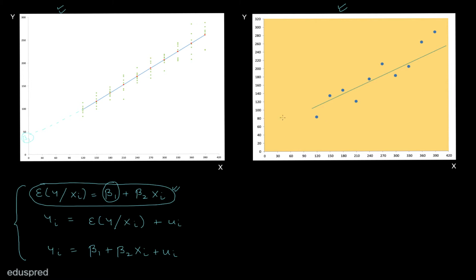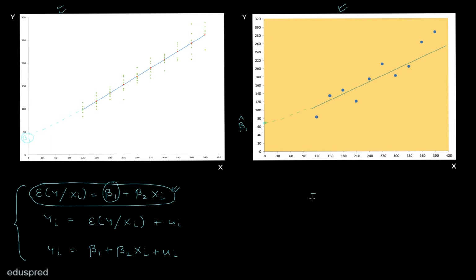Now while dealing with the sample data, I can extend this sample regression line. And this point over here is actually the sample intercept. The notation for the population intercept is beta 1, and the notation for the sample intercept is beta 1 hat.